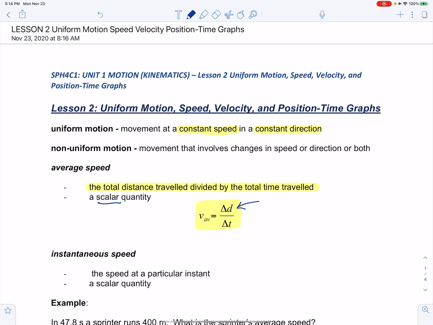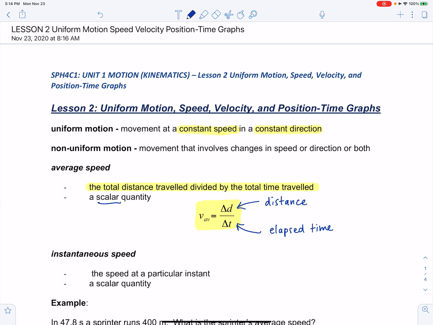Delta d, we learned in lesson 1, means distance. And delta t means how much time has passed, or the elapsed time. So speed is equal to distance divided by time.